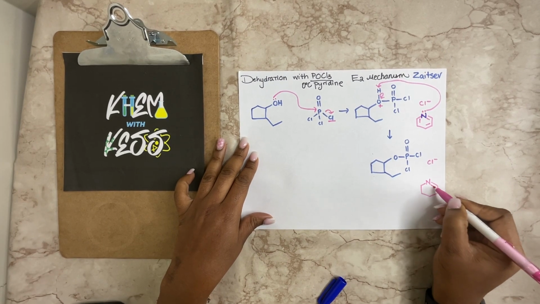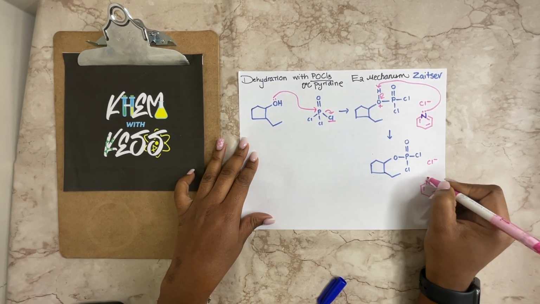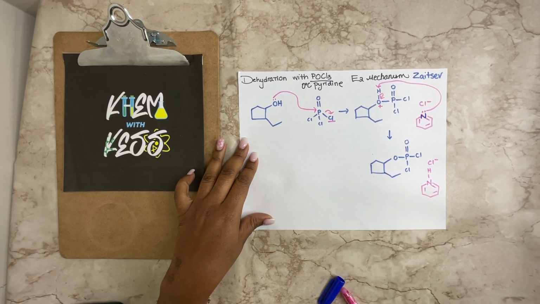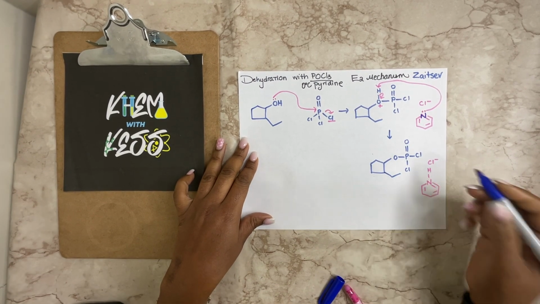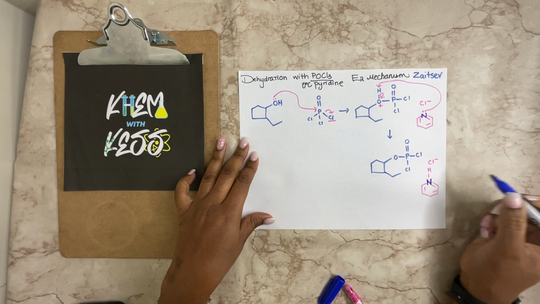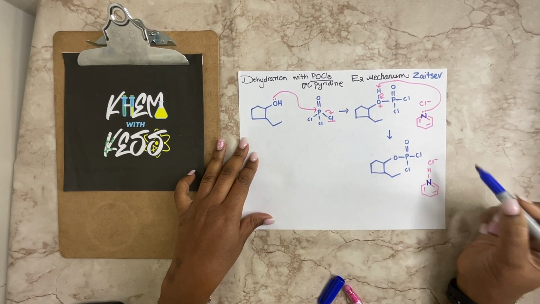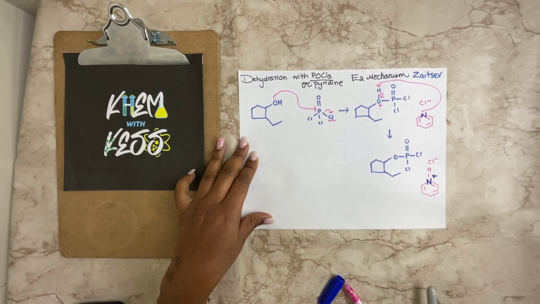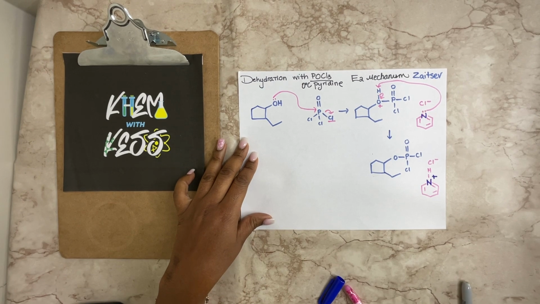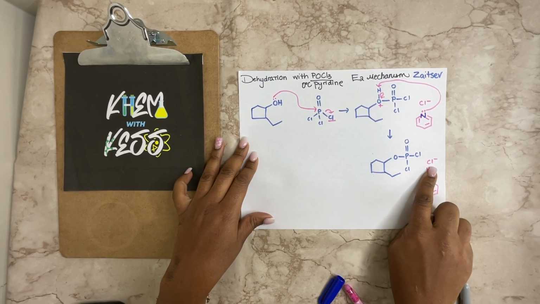You have the pyridine that just grabbed the hydrogen. And nitrogen is not supposed to have 4 bonds, it should only have 3. So because it has 4 bonds, it gets a positive charge. Now that you've created the good leaving group, we can now use the Cl to create a double bond.